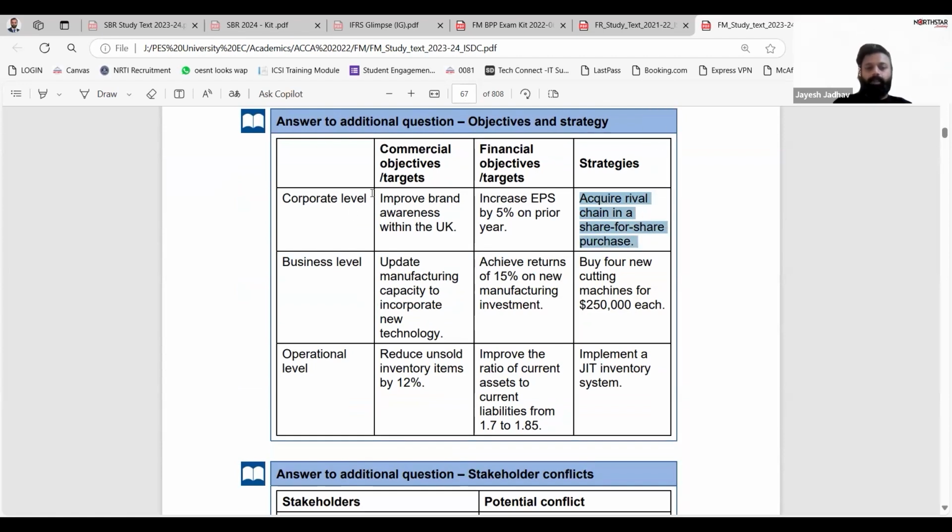That goes without saying. Improving brand awareness could be a commercial objective, and a financial objective could be EPS. Update manufacturing capacity will be business level. Buying machines is decided by the managers, so that's strategy. Achieve returns of 15%, that is a financial objective. Inventory, current assets ratio, and JIT are all operational.